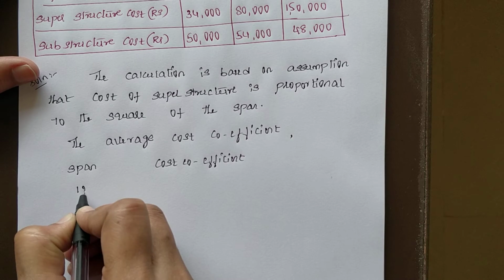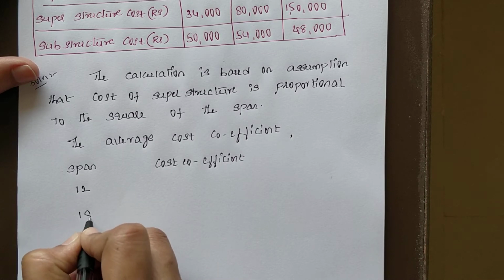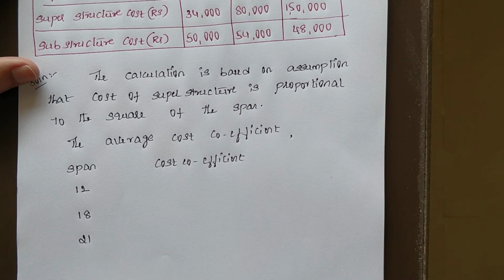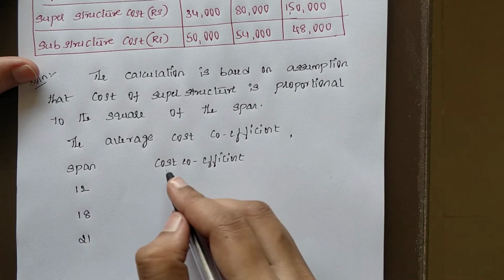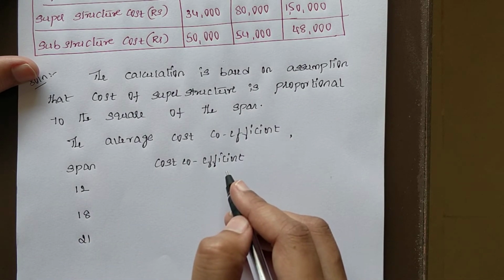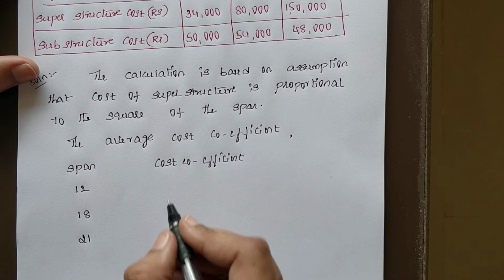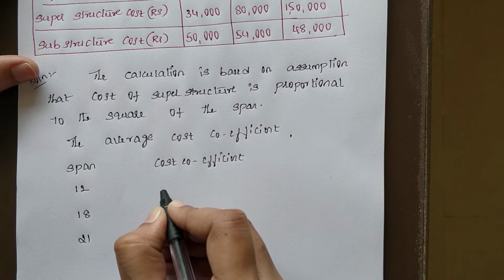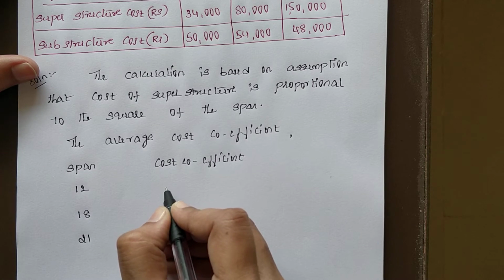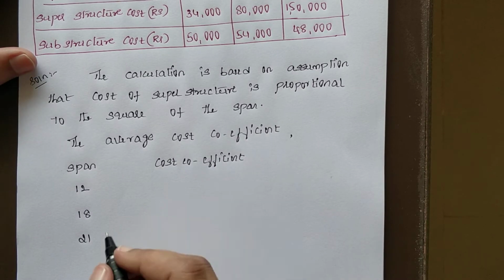First the span of 12 meter, then 18 meter and 21 meter. For all these spans you need to calculate the cost coefficient. The cost coefficient is given by the cost of superstructure divided by the square of the span.